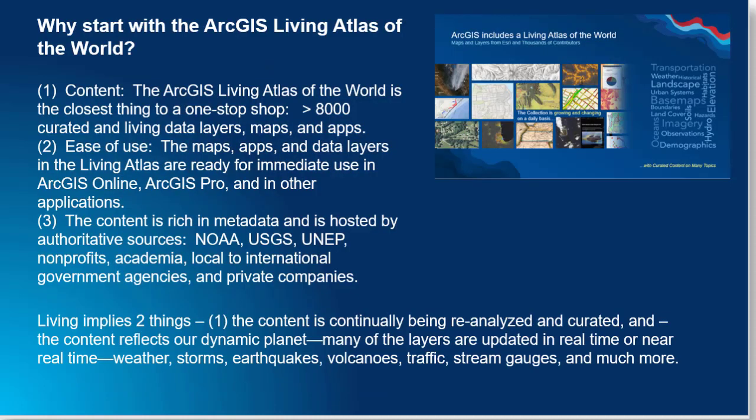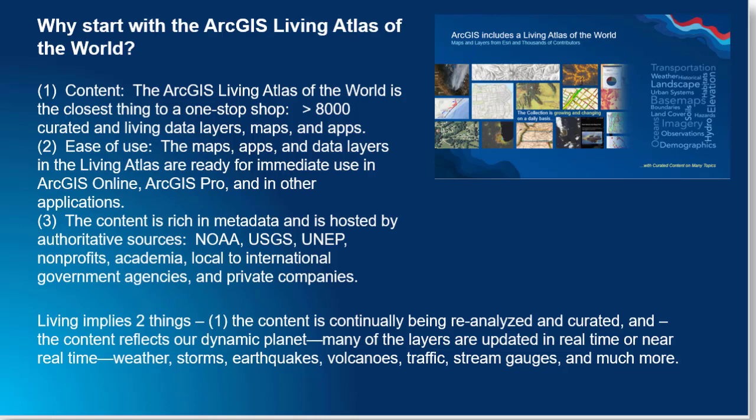Now, why do this? First of all, the content. 8,000 curated and living data layers, maps, and apps, served in a searchable, easy-to-find way, with little thumbnails, metadata, etc. Ease of use. The maps, apps, and data layers are ready for immediate use in ArcGIS Online, ArcGIS Pro, and other applications.